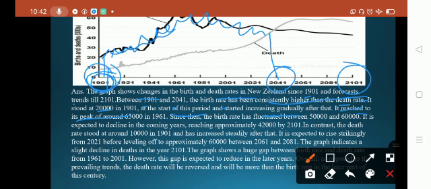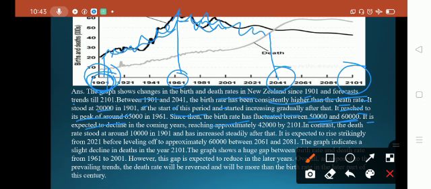It reached its peak around 65,000 in 1961. So in 1961, that is this, it was at its peak level. Since then, the birth rate has fluctuated between 50,000 and 60,000.